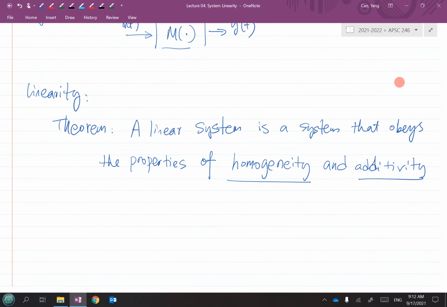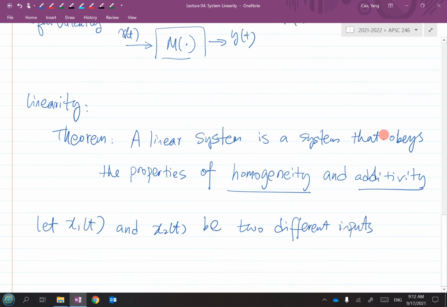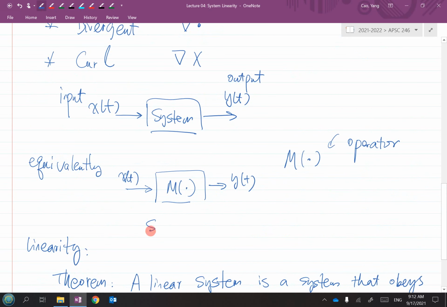First, I'm going to look at the additivity first. I'm going to assume I have two different inputs. I'm going to let x1 of t and x2 of t be two different inputs. So first of all, I'm still using a single input, single output system to demonstrate all of the concepts here.